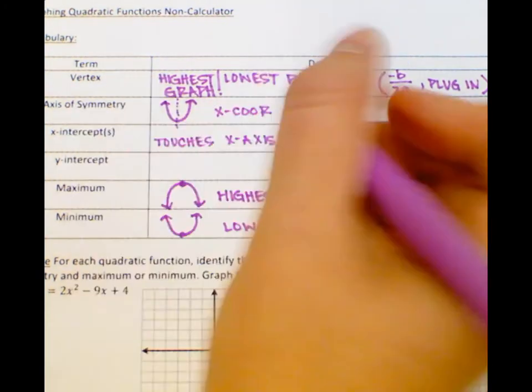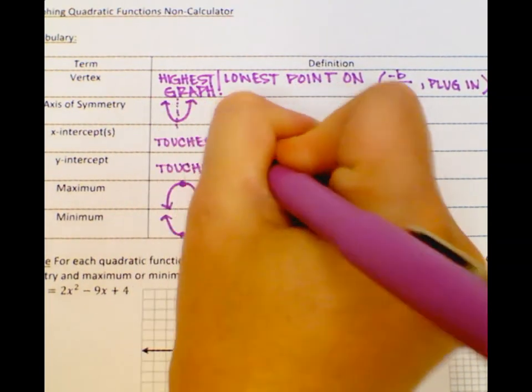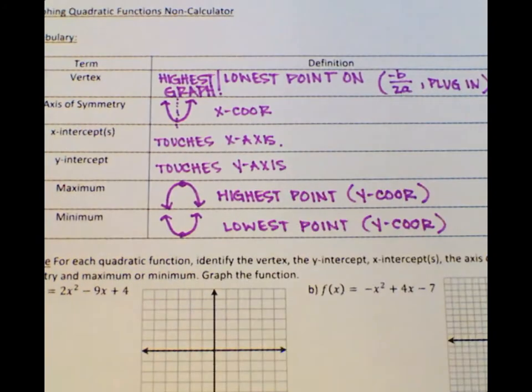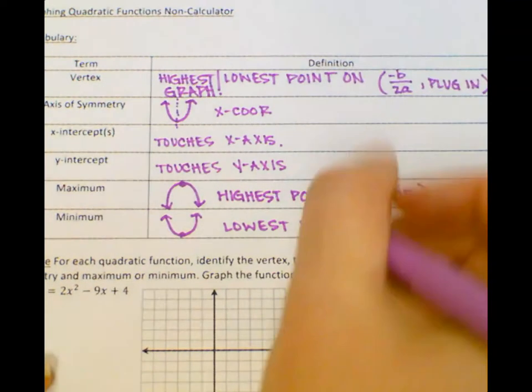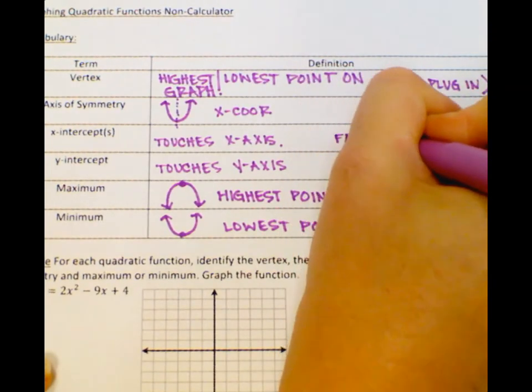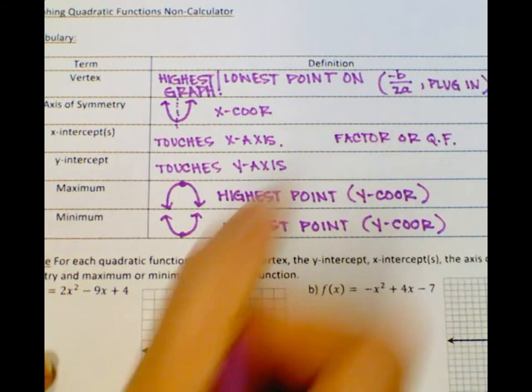Okay, so the y-intercept is where your graph touches the y-axis. For that, we're going to factor or probably quadratic formula. That's probably what you guys are going to do, okay?